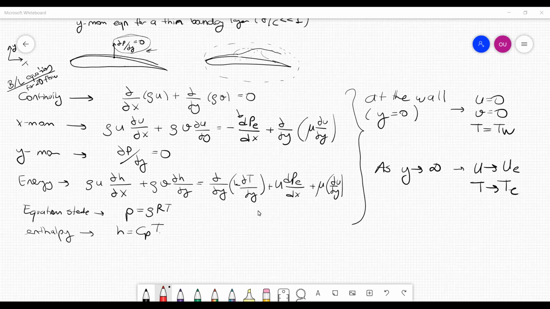This is called an order of magnitude analysis. After doing that, we saw that the original Navier-Stokes equations are simplified a little bit.